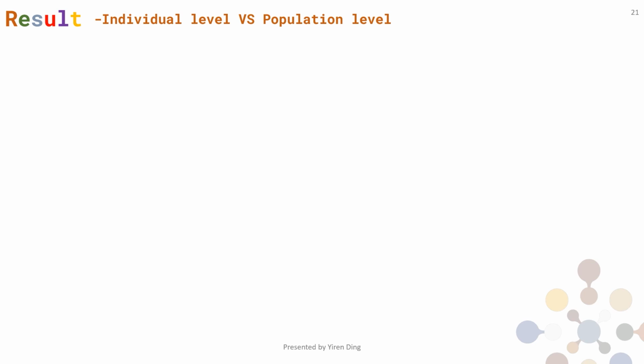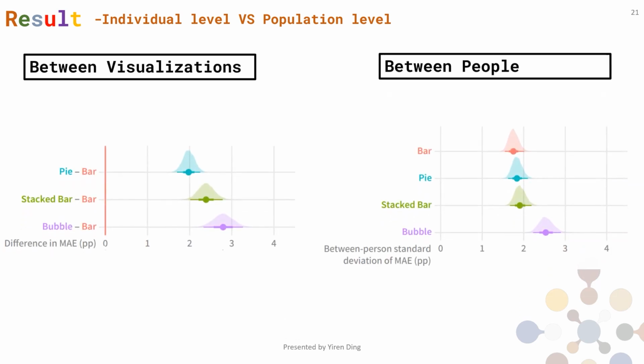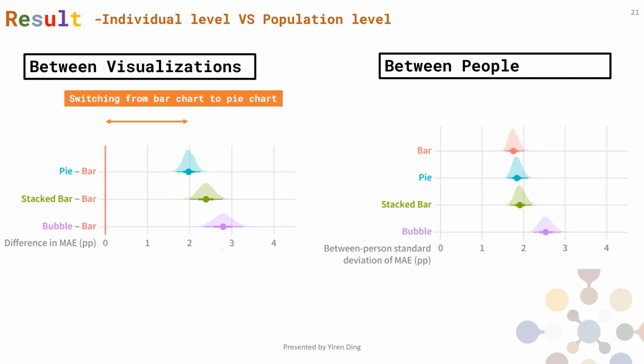Now, let's make a comparison between individual-level chart performance and population-level chart performance. The left chart shows the differences in mean absolute error between chart types, and the right one shows the estimated error for each chart type between people. This is a very interesting result. Suppose we want to change chart type from bar to pie, we can expect this much change in error.